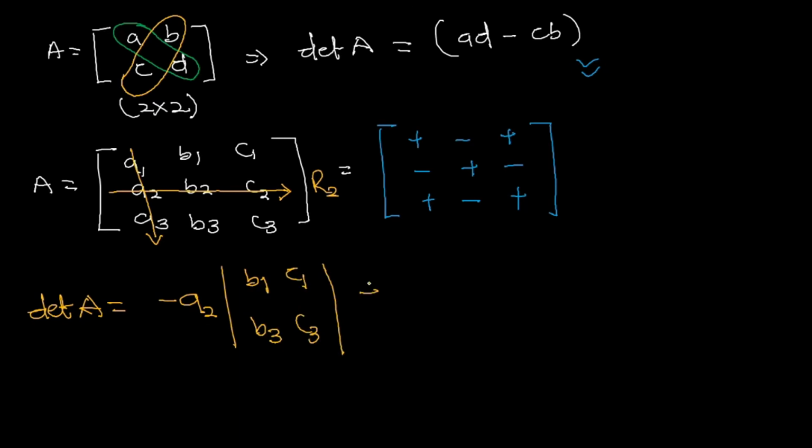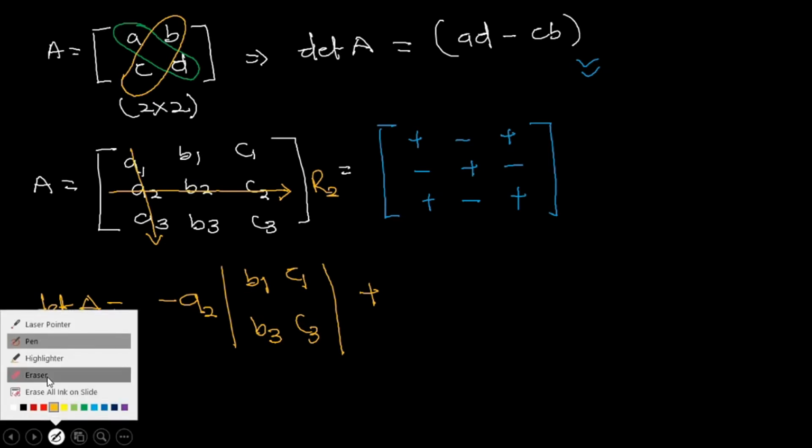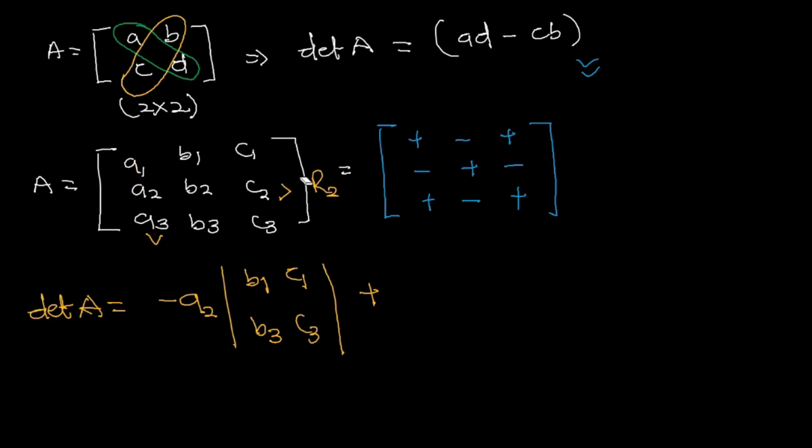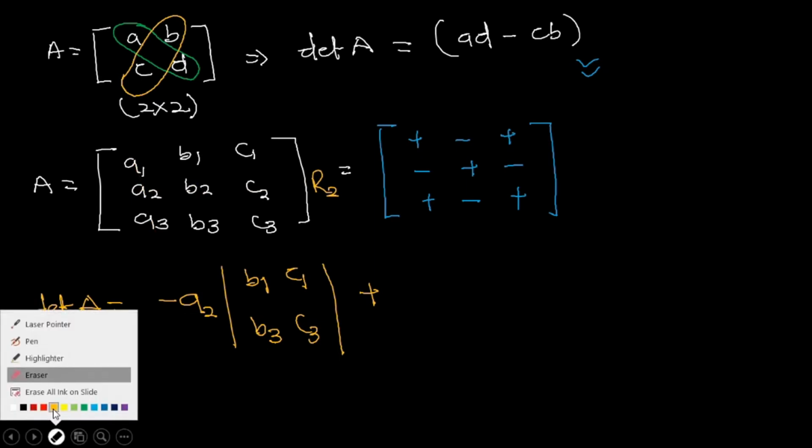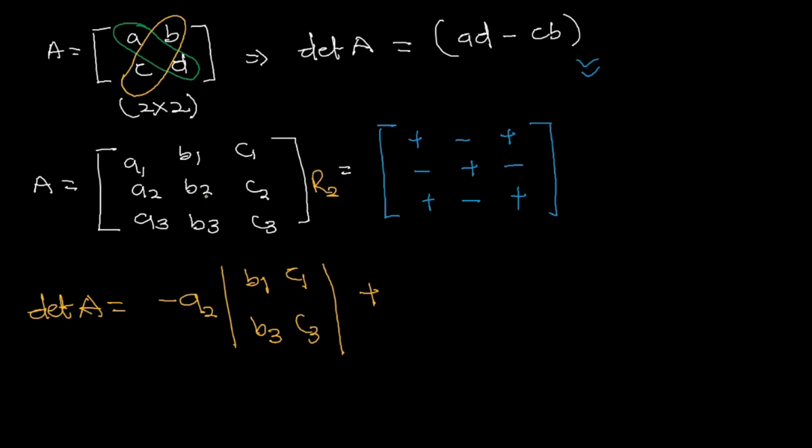Okay, then plus over here, then we take B2 in the second row, so it becomes plus B2. Then we cross this row out again, but this time around this column.